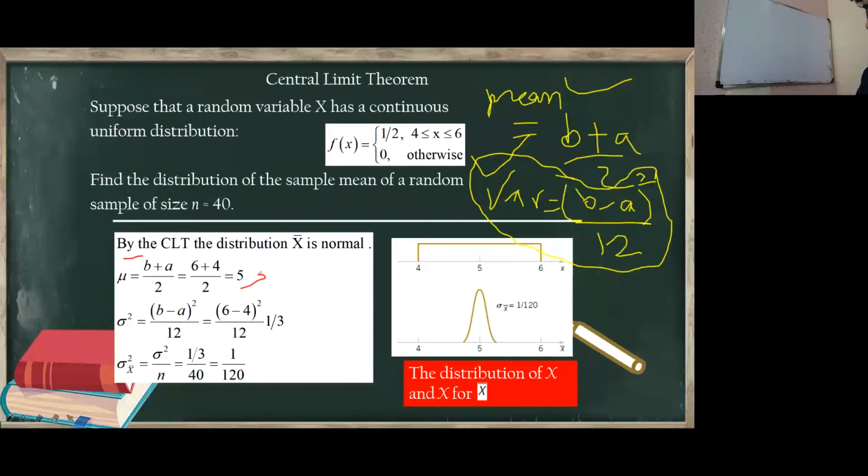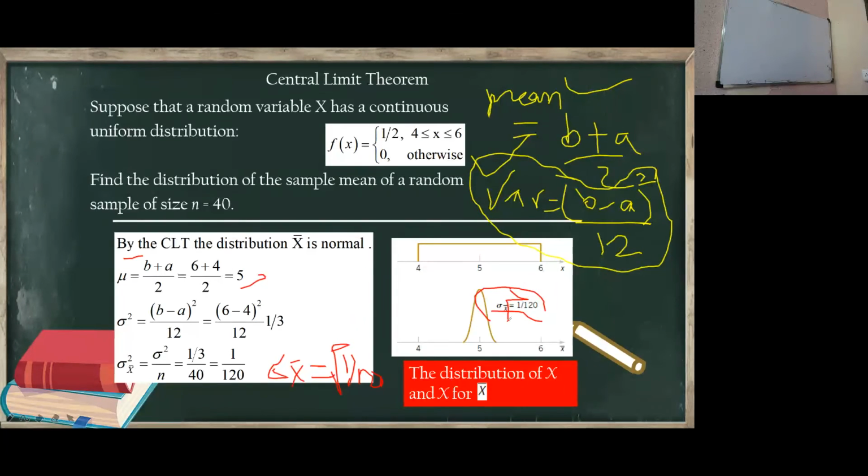So we can have mu equal to b plus a by 2, put the corresponding values in here as 5, and we also get the variance by putting in the corresponding values, which gives us 1 by 20. For sigma of x bar, it will be the square root of that value, whatever it turns out to be.